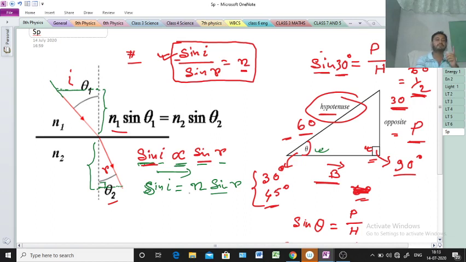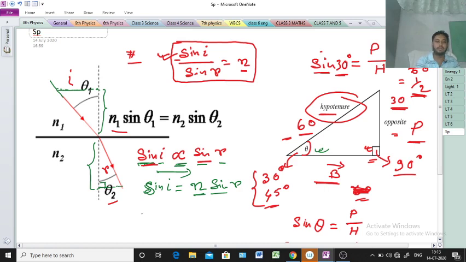In this case, the constant n is called the refractive index of the medium.